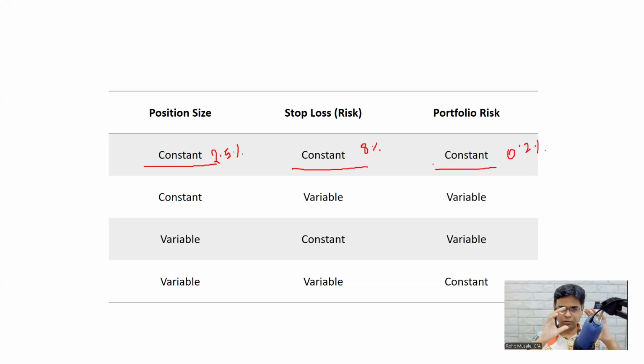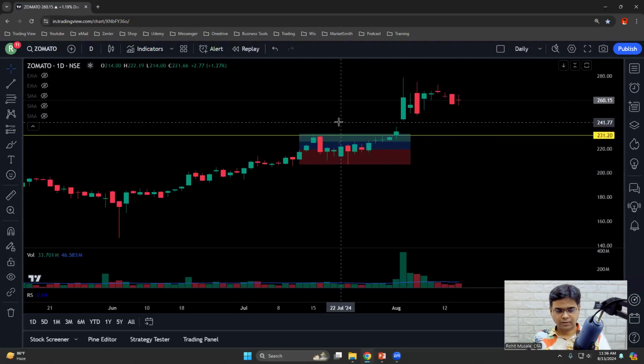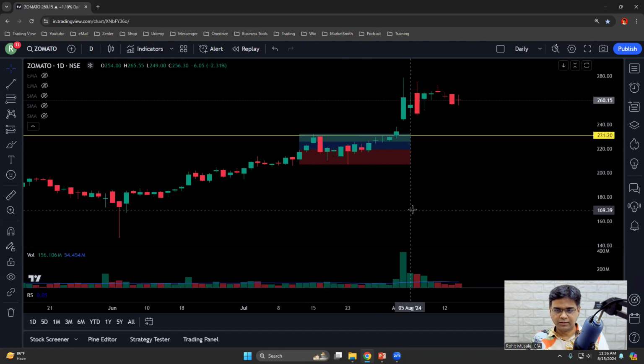So your position size on all 5 stocks is constant, and your stop loss on all 5 stocks is constant. So the amount of money that you're putting at stake, the amount of risk that you're taking, is constant on all 5 stocks in your watch list. Let's take the example of this stock, let's say Zomato. Let me help you understand this.